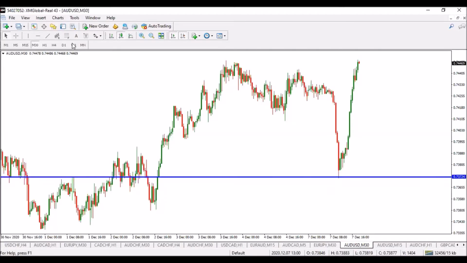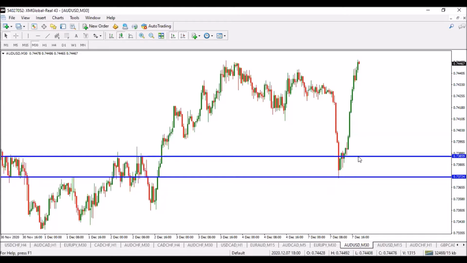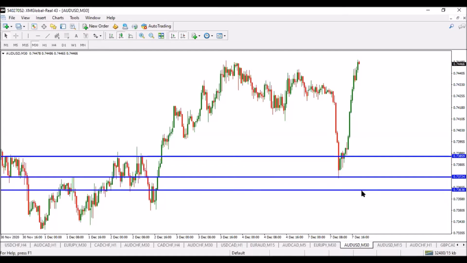So what you want to do is, when the news is about to come out, 2 to 3 or 4 minutes before the news comes out, you put your buy stop 15 pips above, or 20, depending on you. So 15 or 20.